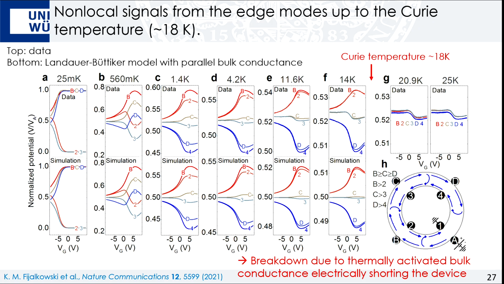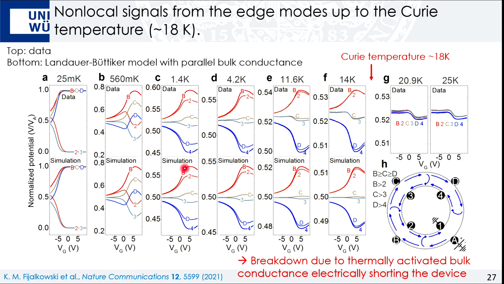What we can also do, we can simulate these signals using a Landauer-Büttiker-based model, where in addition to having a chiral edge mode on the outer and inner perimeter, we allow for scattering between these two edges by having parasitic bulk conductance. So what all of this tells us is that the breakdown looks like it's a purely technological problem.